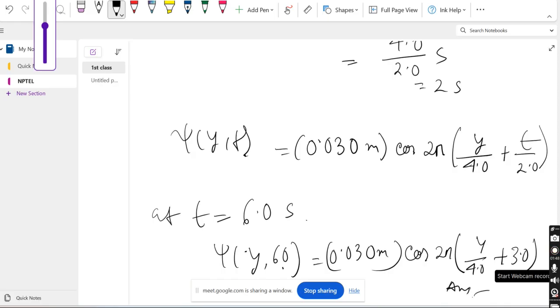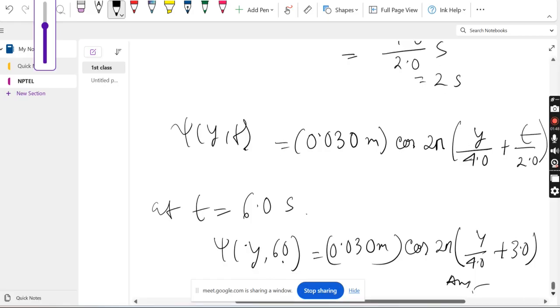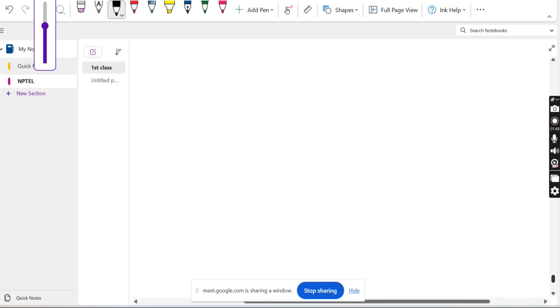That would be the answer. So now we will discuss our last example.